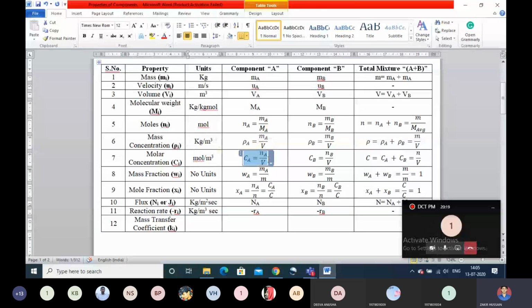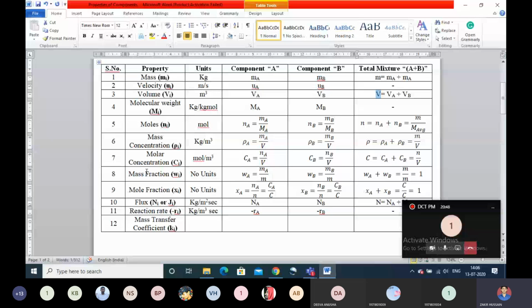Then for component A, Ca is moles of A divided by total volume. For component B, Cb is equal to moles of B divided by total volume. Then total concentration is equal to the sum of the individual concentrations, Ca plus Cb. So Ca plus Cb is also equal to capital C, which is small n, the total moles, Na plus Nb, divided by total volume, Va plus Vb. So n by V is also called the concentration, which is Ca plus Cb.